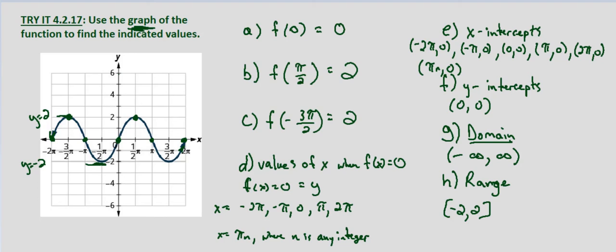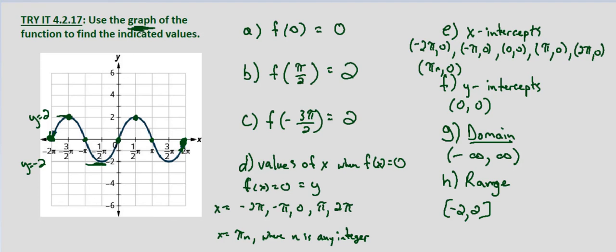Now going back to the domain, we could say, if we're just using the graph, because we're not given a definition for f of x, we don't know what this function is, someone could make the argument, well, we don't know what it does after we get off of this graph. Technically, there should be little points at the end, closed circles, not arrows.